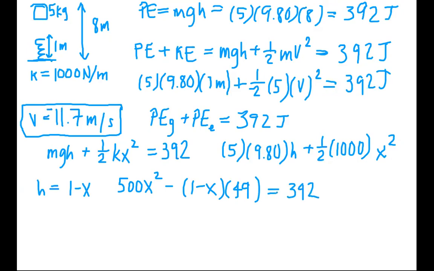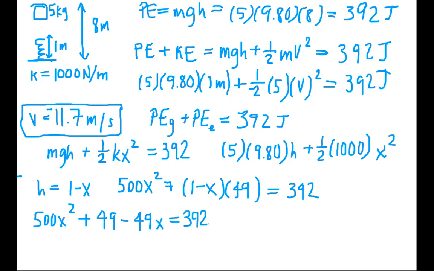Sorry, plus, yeah, that should be a plus sign. Okay. Yeah. So rearranging and writing it in terms of my quadratic formula, it's 500x squared plus 49 minus 49x equals 392.